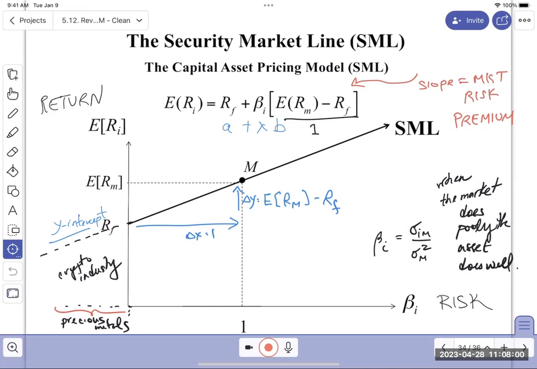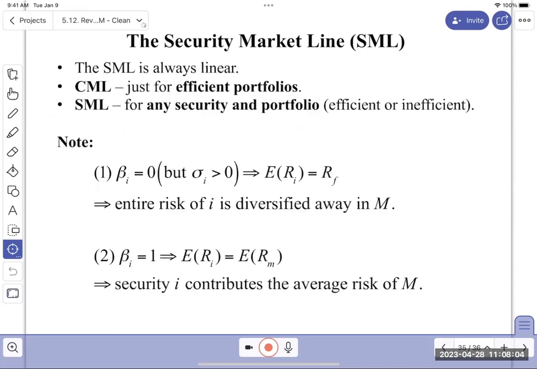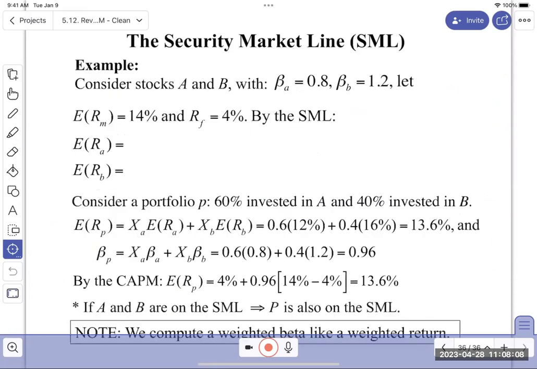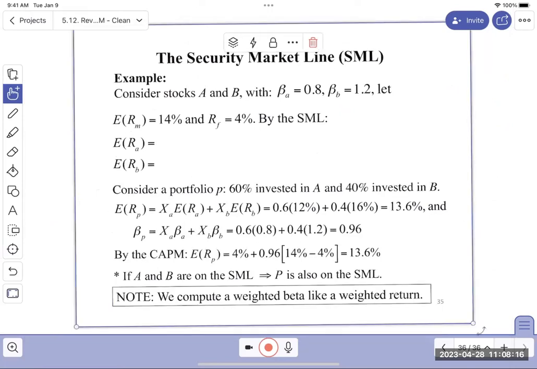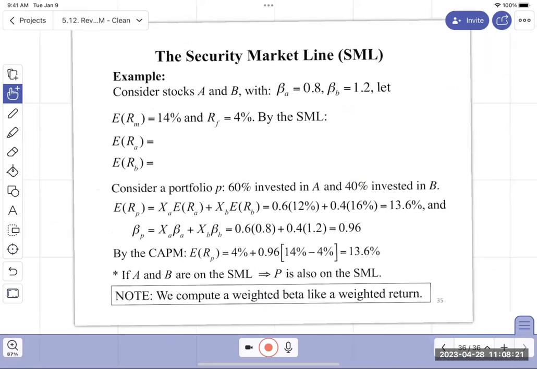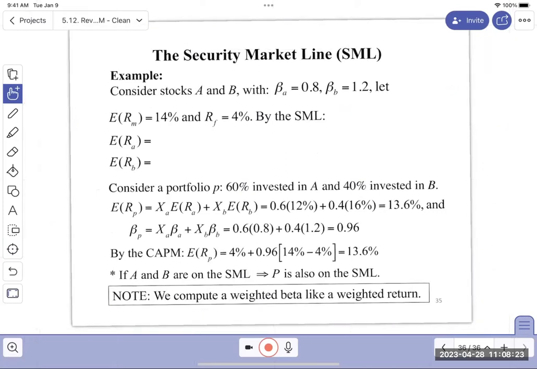So we've tapped it down and we've made it an equation, exploiting that trade-off. All right, so here's an example. We're going to use the capital asset pricing model.